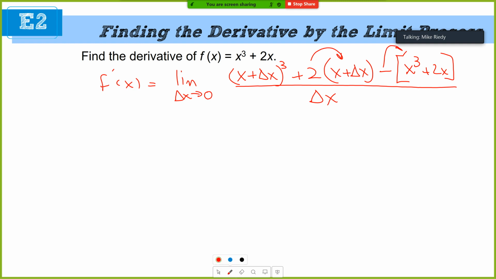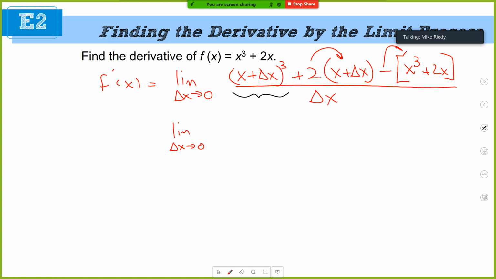Just for giggles, how would you do that? Anybody? I usually just square it and then multiply it by x plus delta x again.